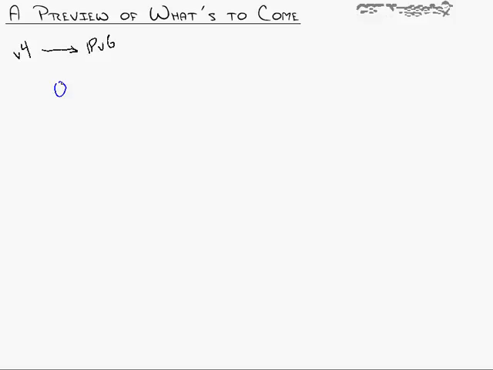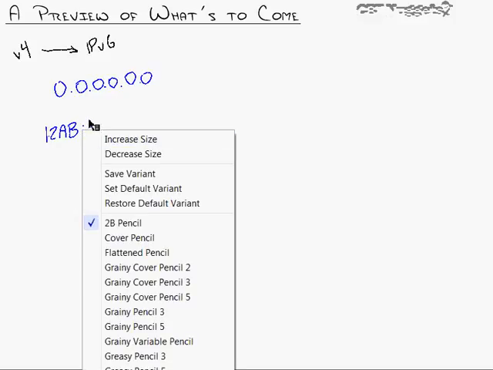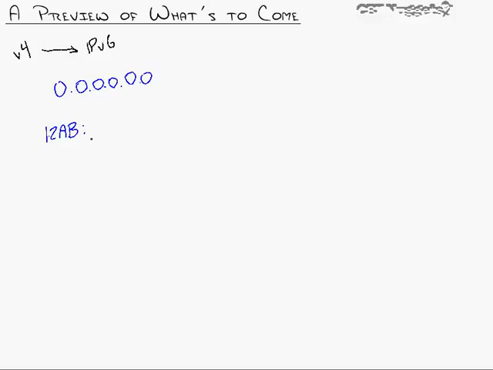A lot of people think they're just doing something like this, 0.0.0.0, that's our version 4, and they think, oh, well, version 6 must have 2 more. No, actually, here is a version 6 address. 1, 2, A, B. It moves to hexadecimal, so we now have A through F as valid characters. It uses colons instead of periods now to separate them. So we have, there's our first octet.